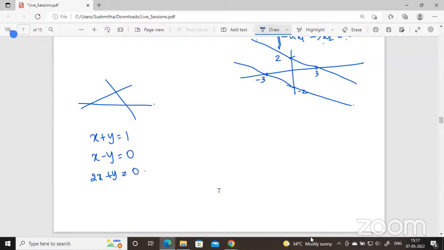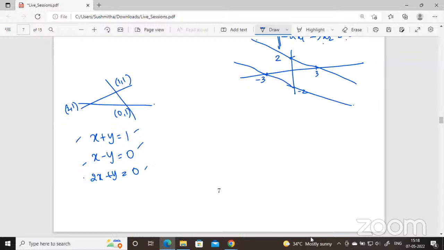Or we can take 3 points and make 3 lines by joining 2 points. Take any 3 points and then find out the equation of the line joining them. You'll get 3 equations. I think this should work. These 2 have a solution. These 2 have a solution. These 2 also have a solution.